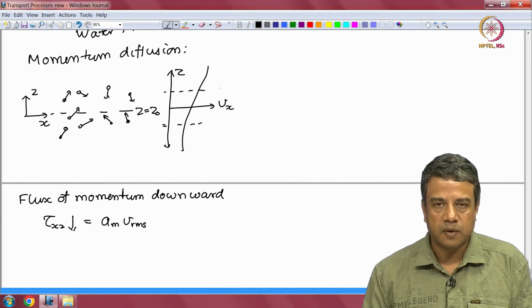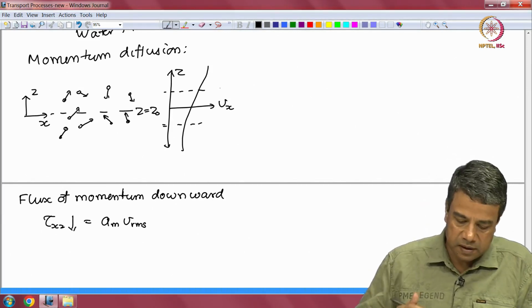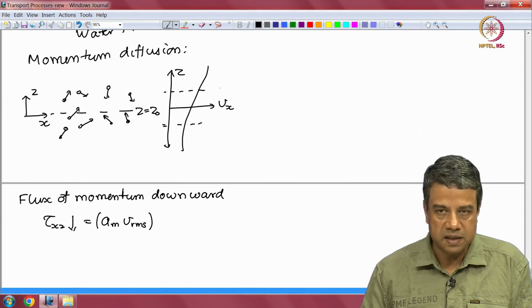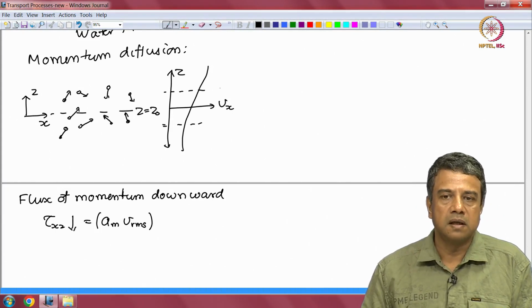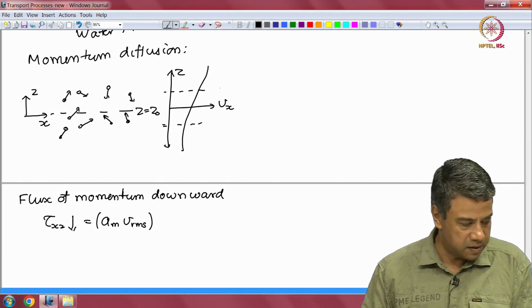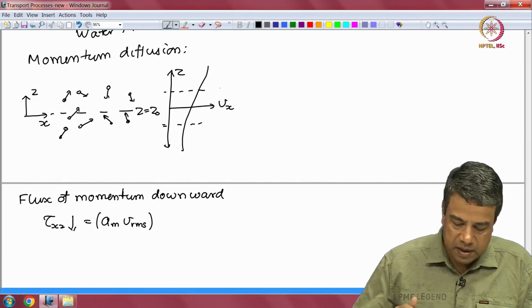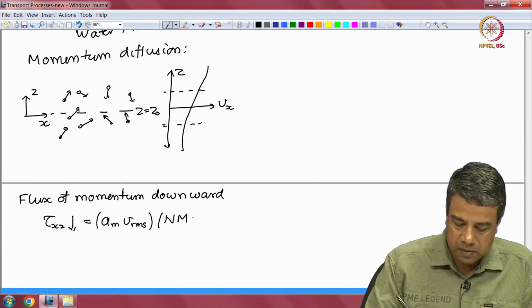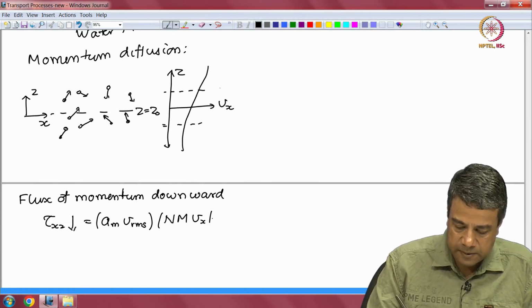The contribution perpendicular to the surface will be some factor b times that, times the momentum density at the location z naught plus b lambda. The momentum density at that location is equal to the number density times the molecular mass times Vx at z naught plus b lambda.